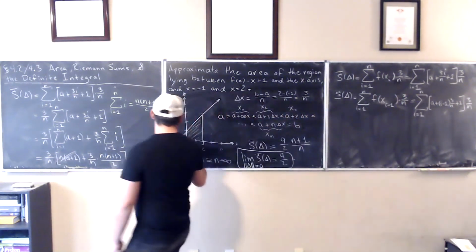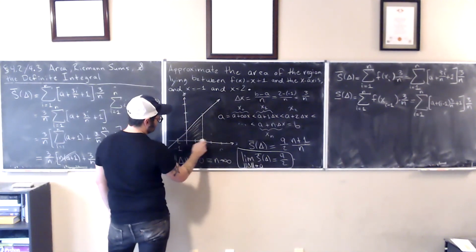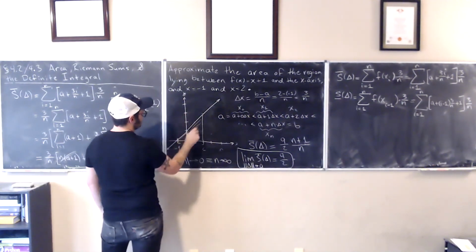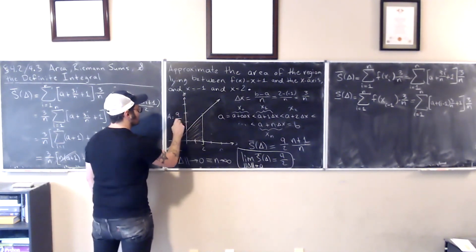And what did we know about this? This has height 3, width 3. So the area of that triangle is 3 times 3 over 2, or 9/2.